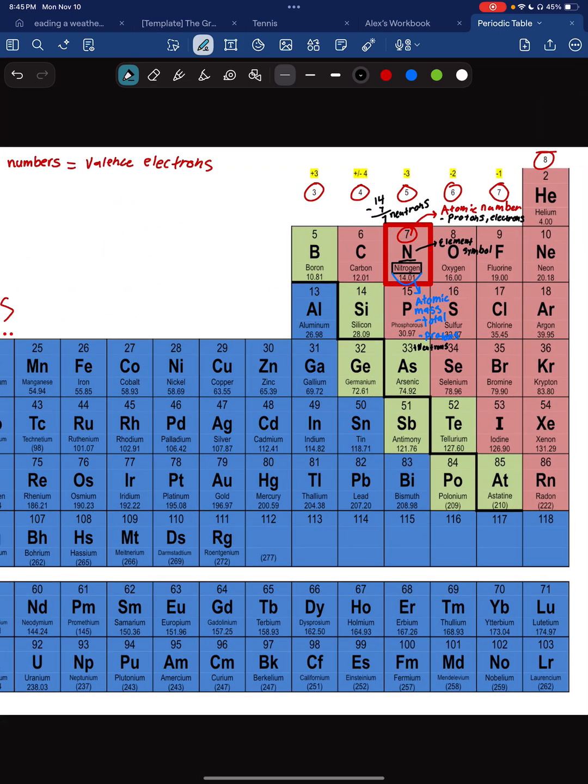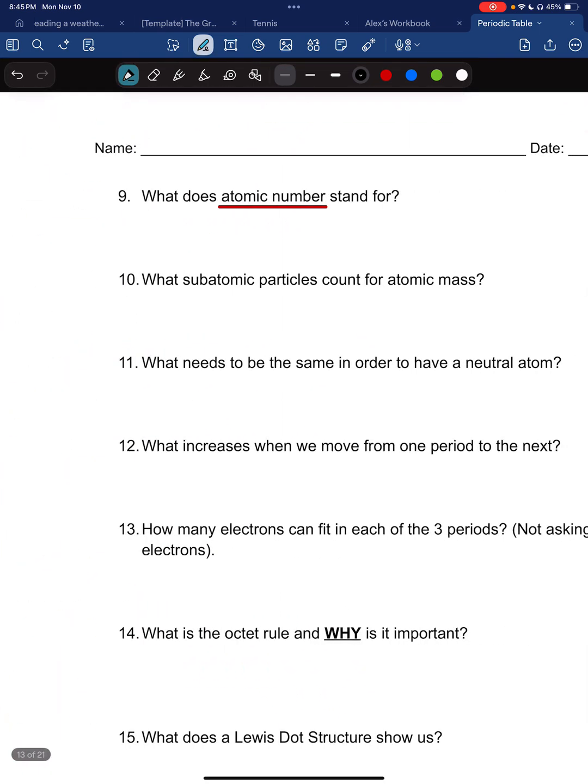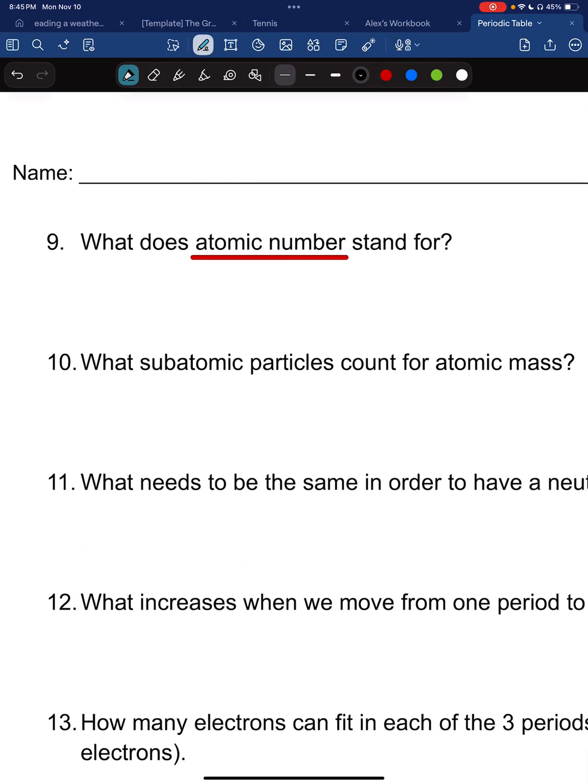We're going to move on to our next part, going all the way back to number 9. What does the atomic number stand for?